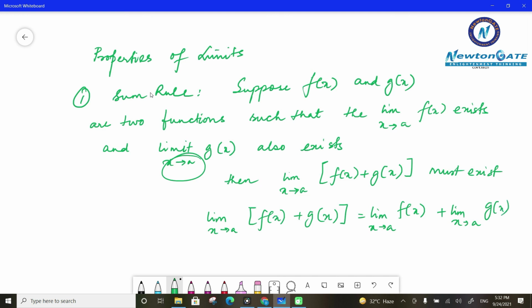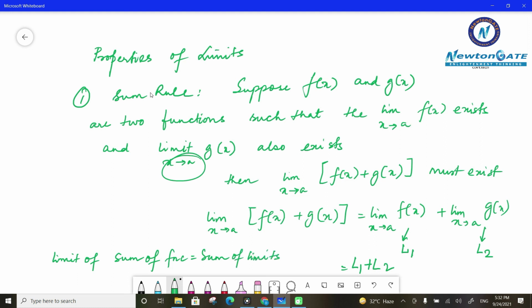That means if the limit of f(x) is L1 and the limit of g(x) is L2, then this will be equal to L1 plus L2. Briefly, the limit of the sum of functions is the sum of the limits of the functions.